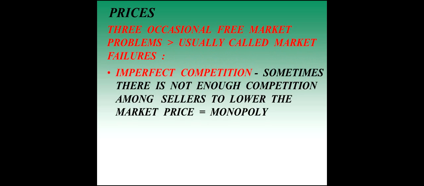Here's the first one. It's called imperfect competition. It's when sometimes there's not enough competition among sellers in a market to lower a market price. This is usually when somebody corners a market and establishes a monopoly in a market. And I'll talk more about monopolies in the next chapter, Chapter 8, Market Structures.